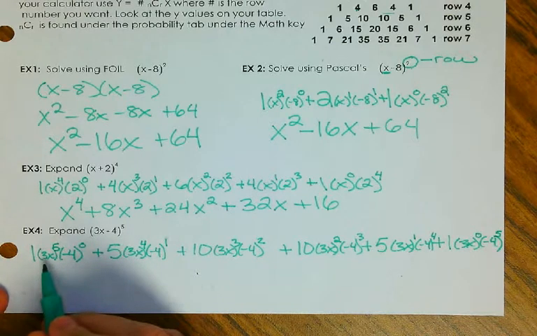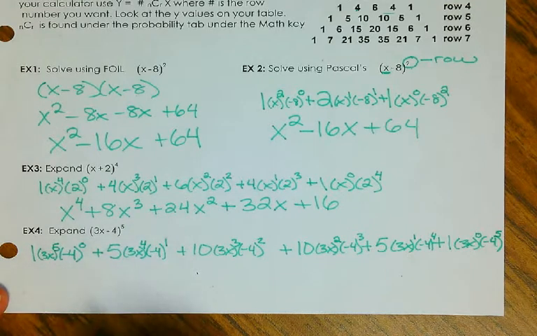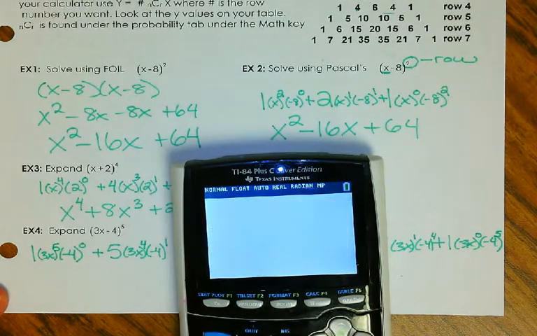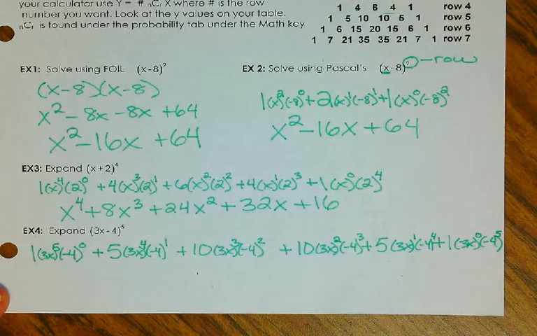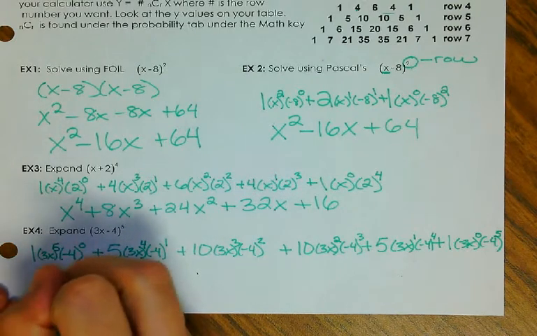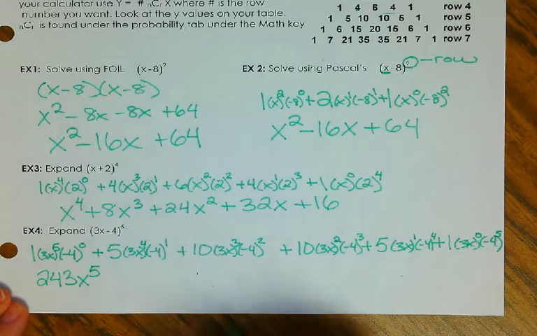And then be careful. Over here, this is 3 to the 5th power and x to the 5th power. So if you need some help from your calculator or something, then use it. So you've got 3 to the 5th power is 243. So it would be 243 times 1, which is just 243, x to the 5th.